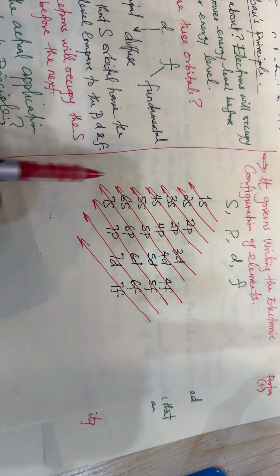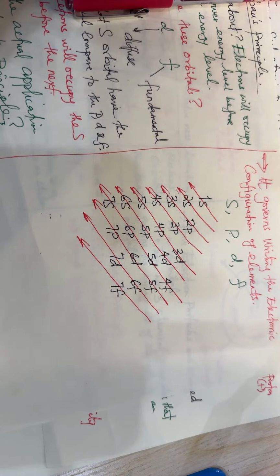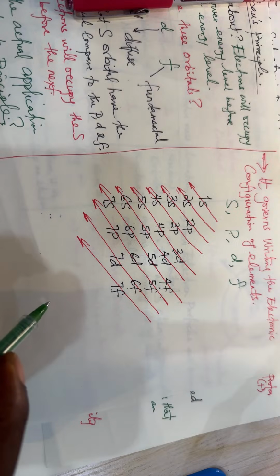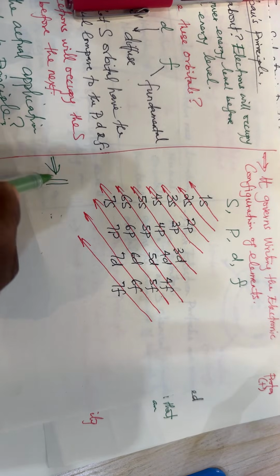All right. So this is the arrangement. Very beautiful. Now when you know how they arrange this thing, how do you use it to calculate the electronic configuration of elements? That's the next point.